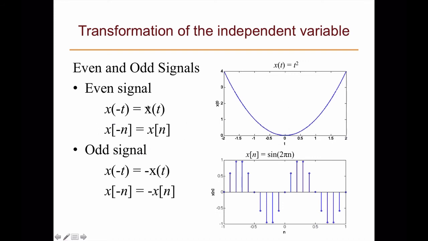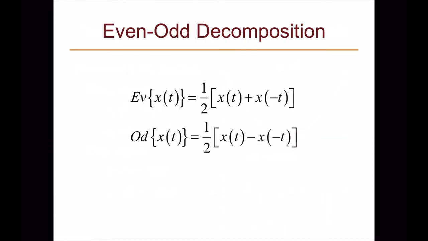The same goes for xn equals x minus n, symmetric at 0. For an odd signal, it will be anti-symmetric at 0. That means x minus t equals minus xt, and x minus n equals minus xn.